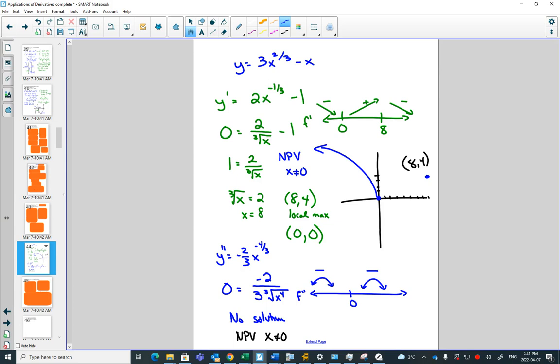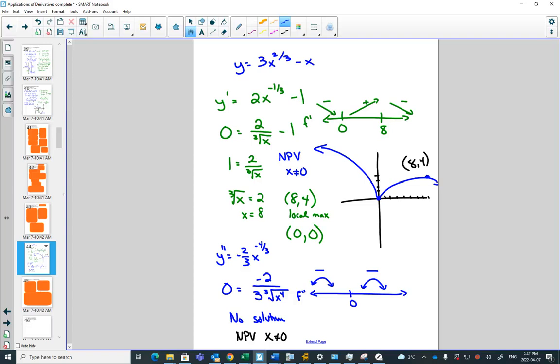So it's got to be something like this. Does that fit that it's decreasing from left to right? Does it fit that it's concave down? And then in this section, it also has to be concave down. And so we get a graph with a cusp in it.